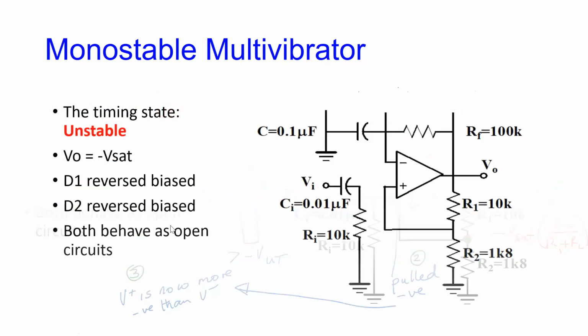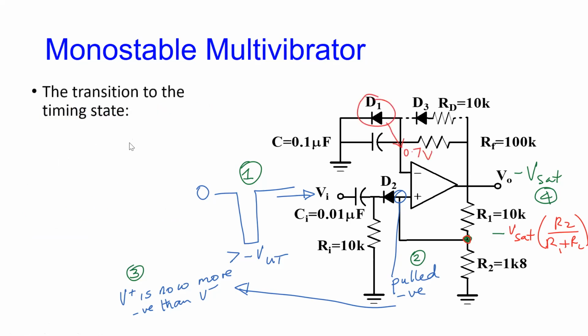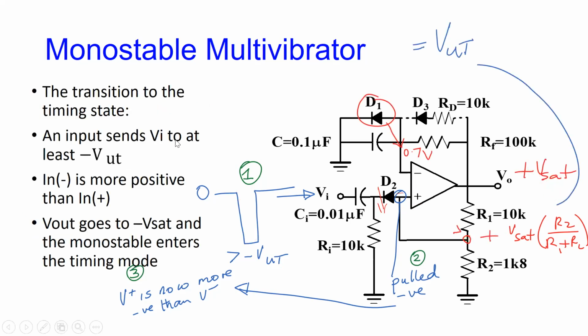One more thing. When you have the negative coming in, that little pulse, the output will be negative VSAT or positive VSAT? Okay, it sits down at minus VSAT until you do something. All right. So where are we?